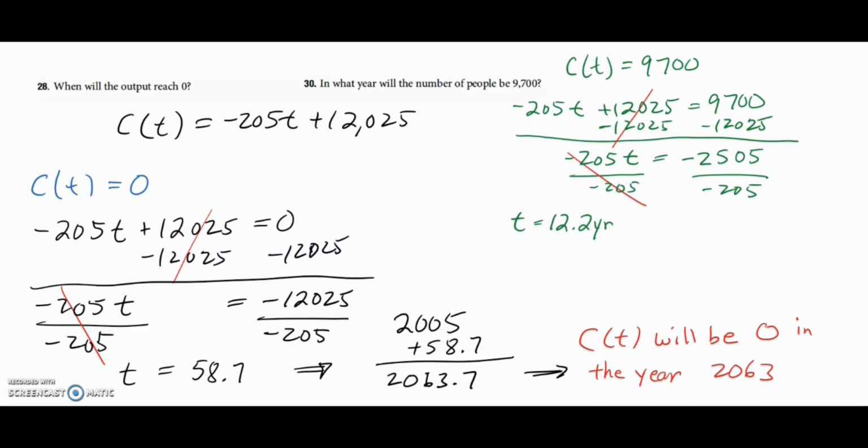So if I do all that, I get t is equal to 12.2 years. Now, once again, just like number 28, I'm going to add 12.2 years to the 2005 to find our correct year. So we have 2005 plus 12.2, which gives me 2017.2, and we'll keep it at 2017.